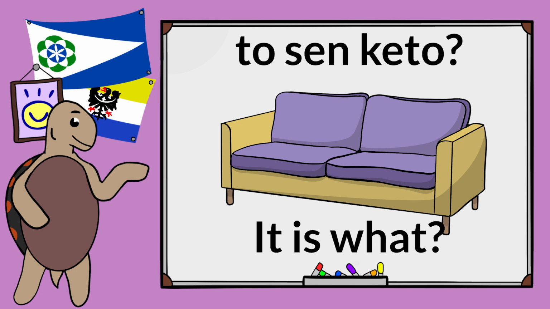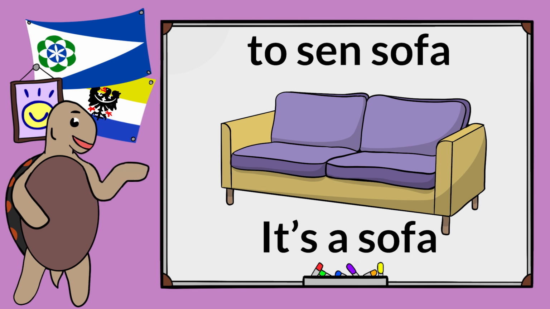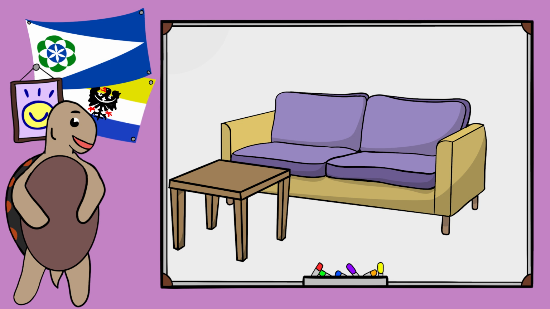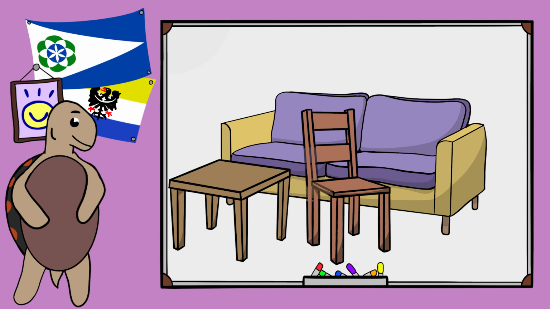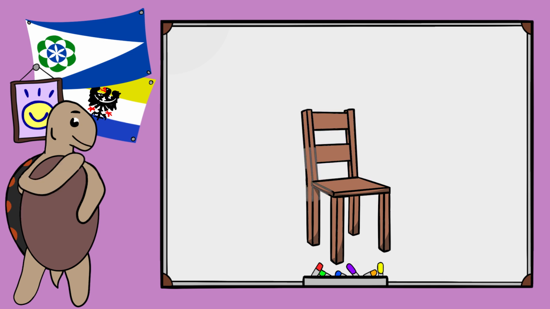To senketo, it's what? You definitely know that word. It's basically in every language. Tosen, sofa. A sofa or couch. Wow, this is really becoming a proper living room. For mesa, you obviously need a chair. What's the word for chair?